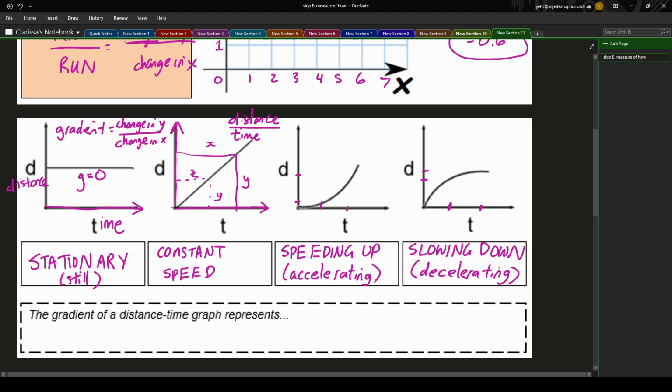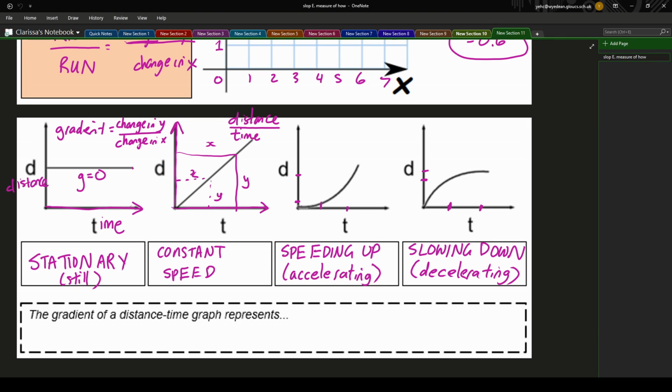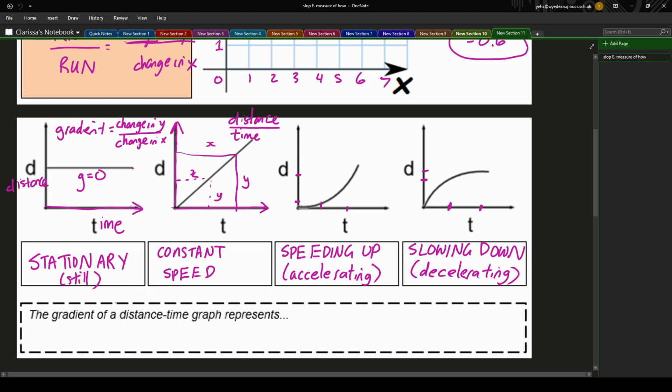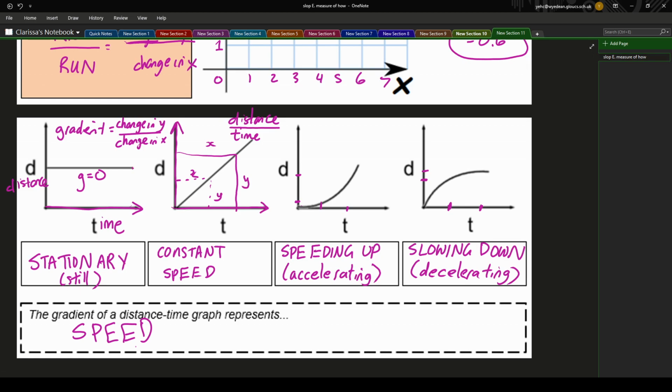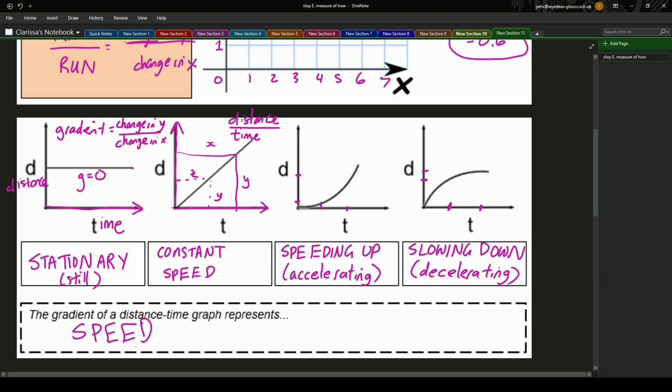What is distance over time? What value is distance over time? If you were here last lesson, you would know that distance over time is speed. So basically, from a distance time graph, you can calculate the speed by calculating its gradient, by calculating its change in y over its change in x.